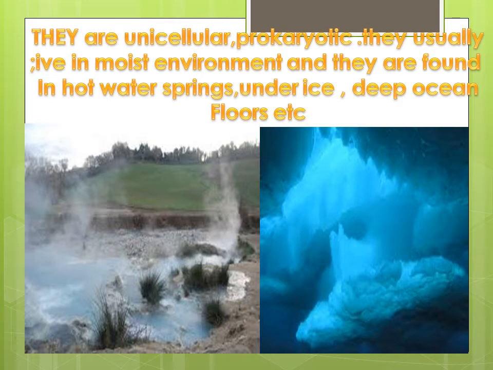You can see on the screen how harsh the conditions are in the hot water springs and under the ice, but still they live there. You must be thinking how they adapt to live there. We will discuss that also in the video, so don't worry.